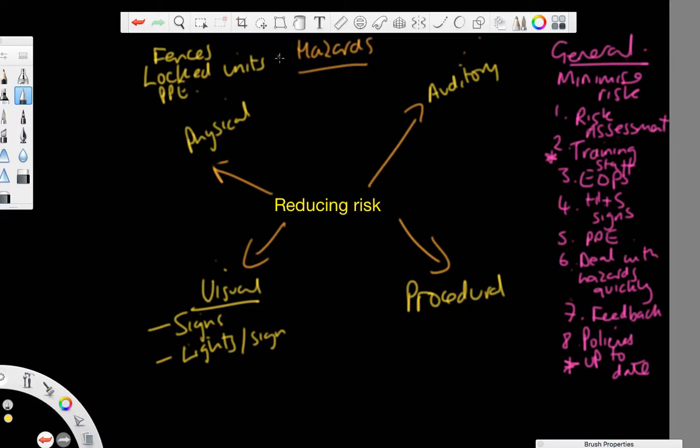Auditory, so you're going to have alarms if there's a fire, and you could have a PA system. They're examples of this.